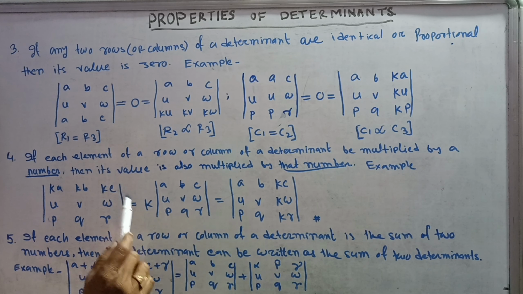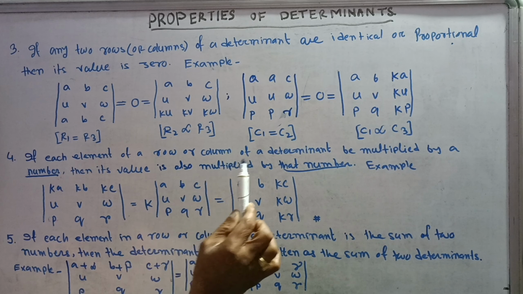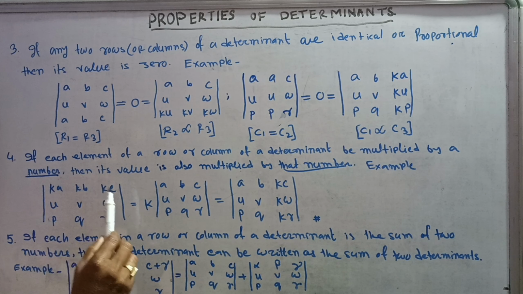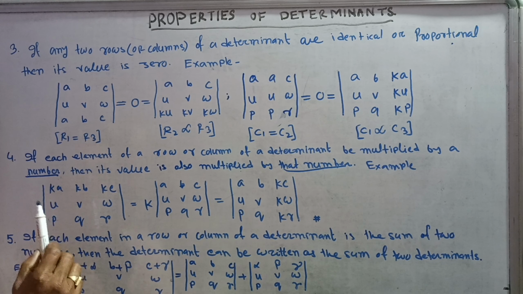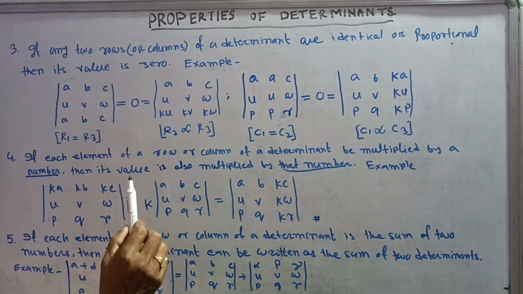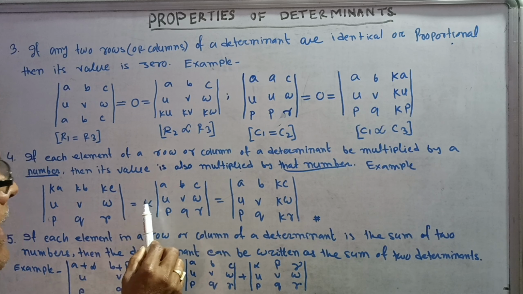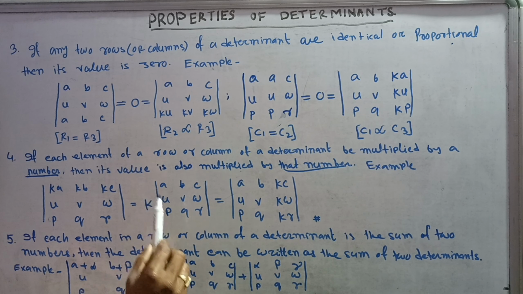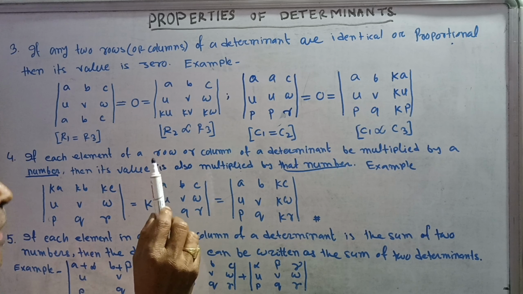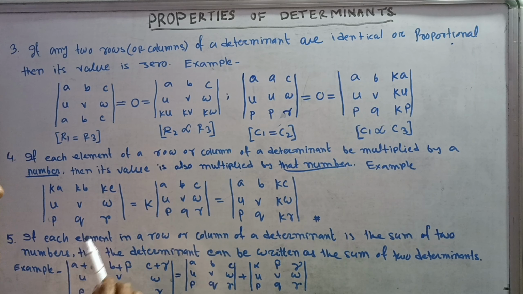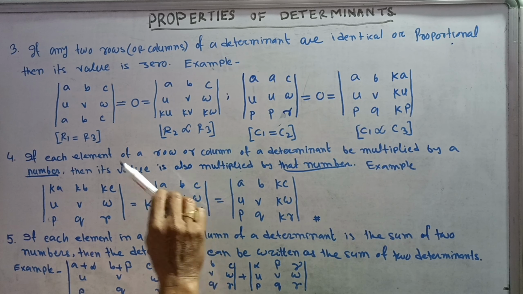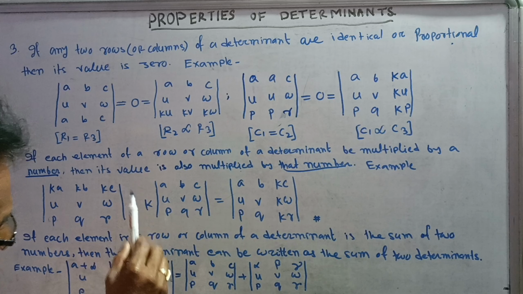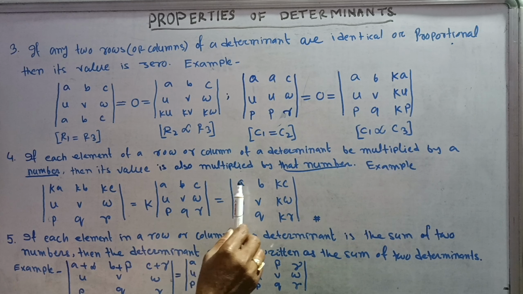Similarly, this k can be multiplied in the third column. That means from this property we can say that if we multiply a determinant by a number, then that number is multiplied in only one row or one column. Out of 3 rows we can multiply only one row. Out of 3 columns we can multiply k in one column also.